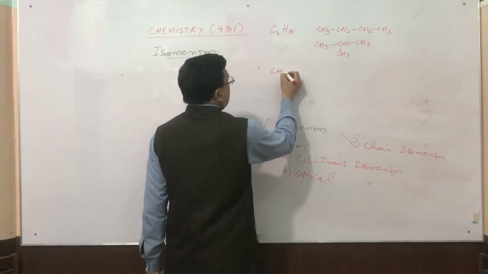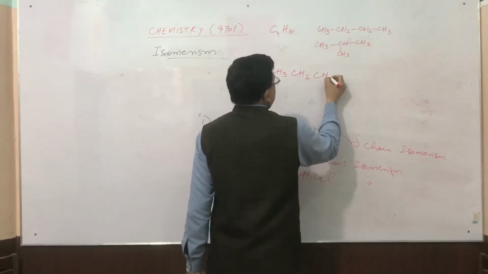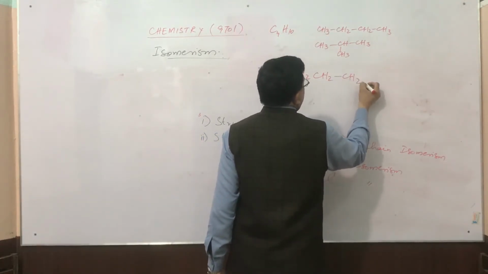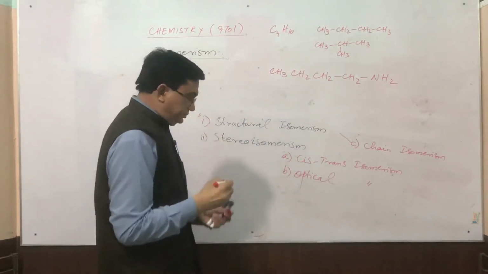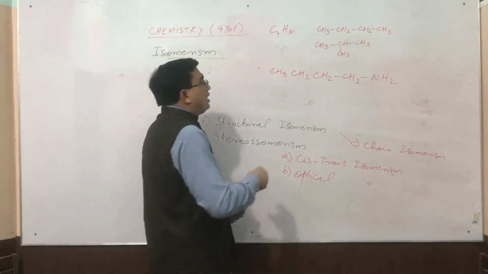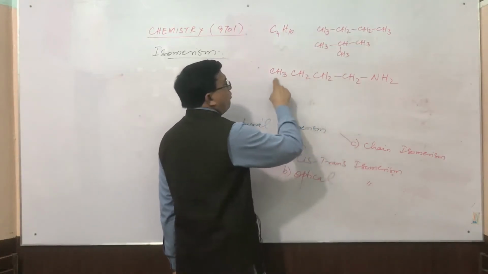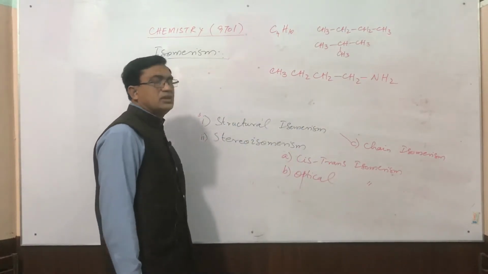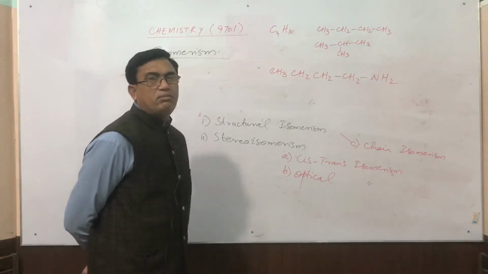For example, if I take CH3CH2CH2CH2NH2, this is my amine. How many carbon atoms are present? 1, 2, 3, 4. This is butylamine.